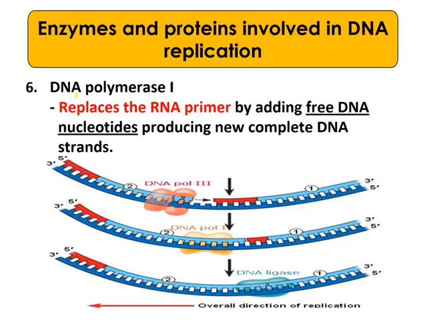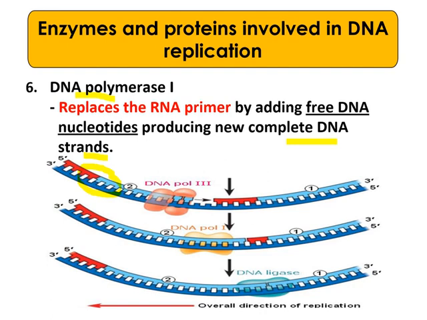Next is DNA polymerase 1. The function of DNA polymerase 1 is to replace the RNA primer by adding free DNA nucleotides, producing a new complete DNA strand. So previously, we talked about DNA polymerase 3 adding the free nucleotides to the 3' end of the primer.